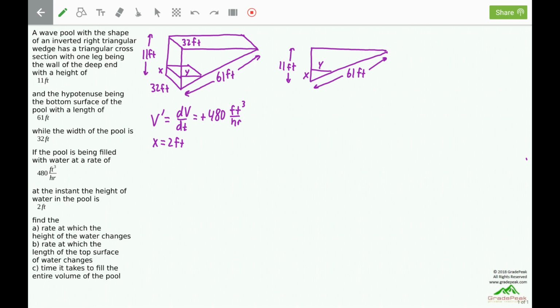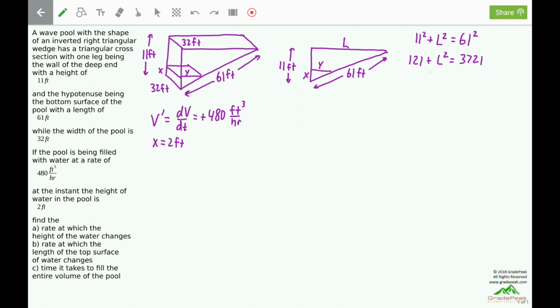Well, the pool is a right triangle, and therefore, if we name the length of the pool L, we have one leg squared, 11 squared, plus the other leg squared, L squared, equals the hypotenuse squared, 61 squared. 11 squared is 121, plus L squared equals 61 squared, which comes out to 3,721.